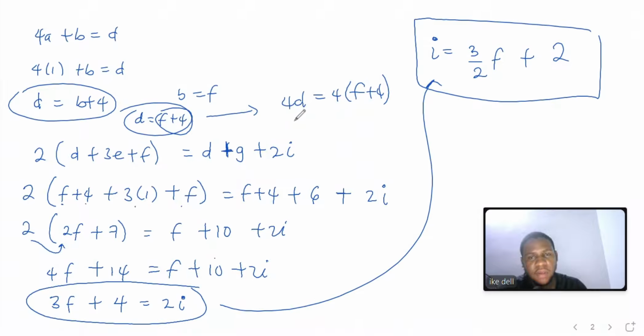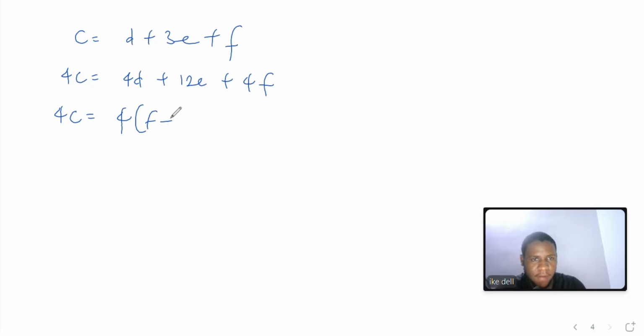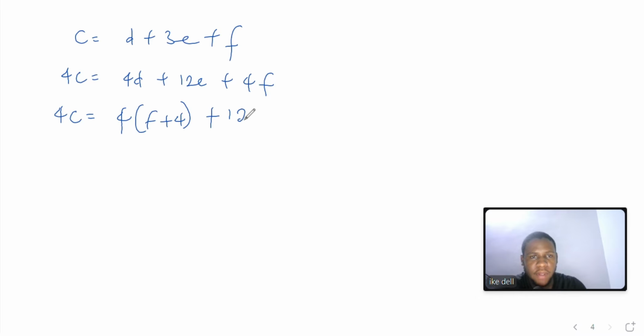D is supposed to be F plus 4, plus 12e. What's 12e? 12e is going to be just 12. I feel like I'm working in circles already.